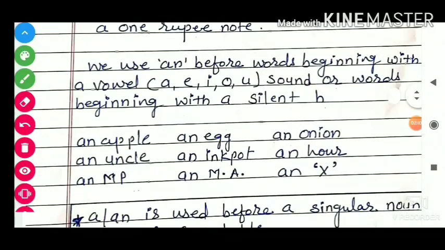We use an before a word beginning with a vowel: A, E, I, O, U. These are the vowels. And we use an before words beginning with a silent H. We use an before the word beginning with a vowel or a vowel sound or beginning with a silent H. Let us see some examples.